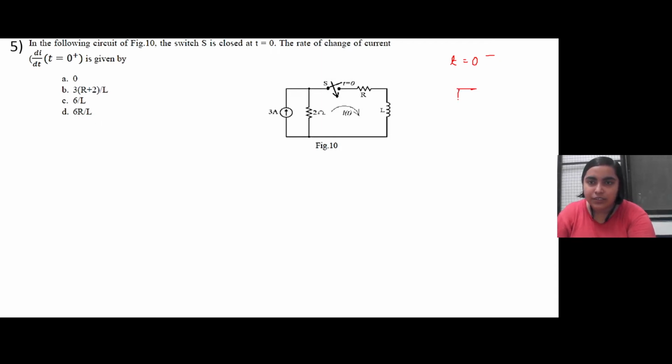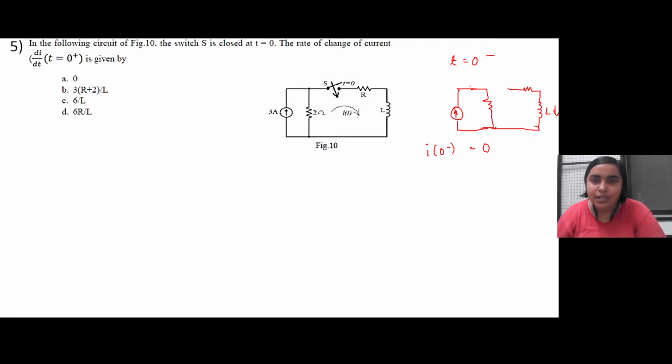Just a current source connected across a resistor, because this switch was open, right? So the rest of the circuit was not connected. So the current through this inductor at time t equal to 0 minus was 0. No current was flowing through this particular inductor.